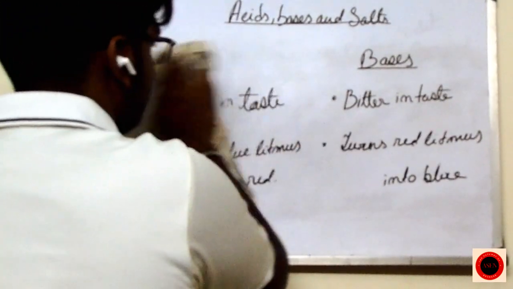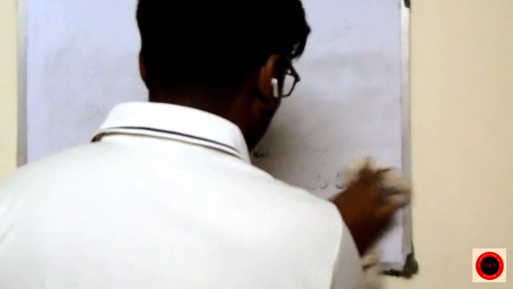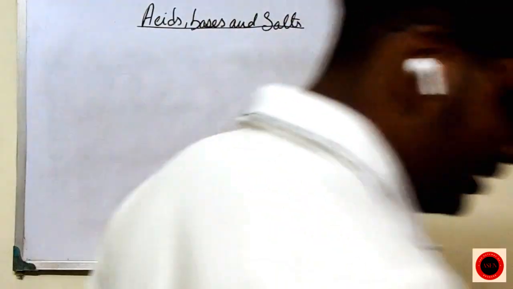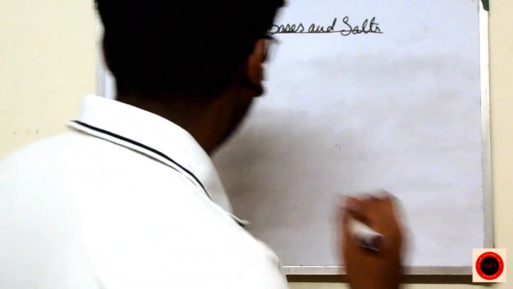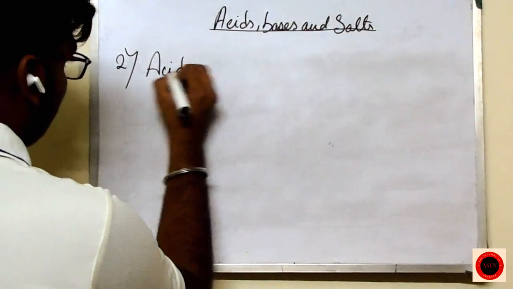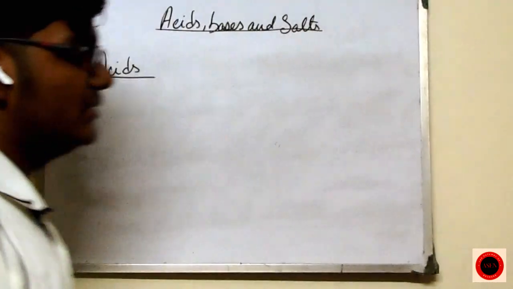So the next thing is, what is acid? This is the simple definition of acid. Acid is a substance which contains more H plus or H3O plus ions.